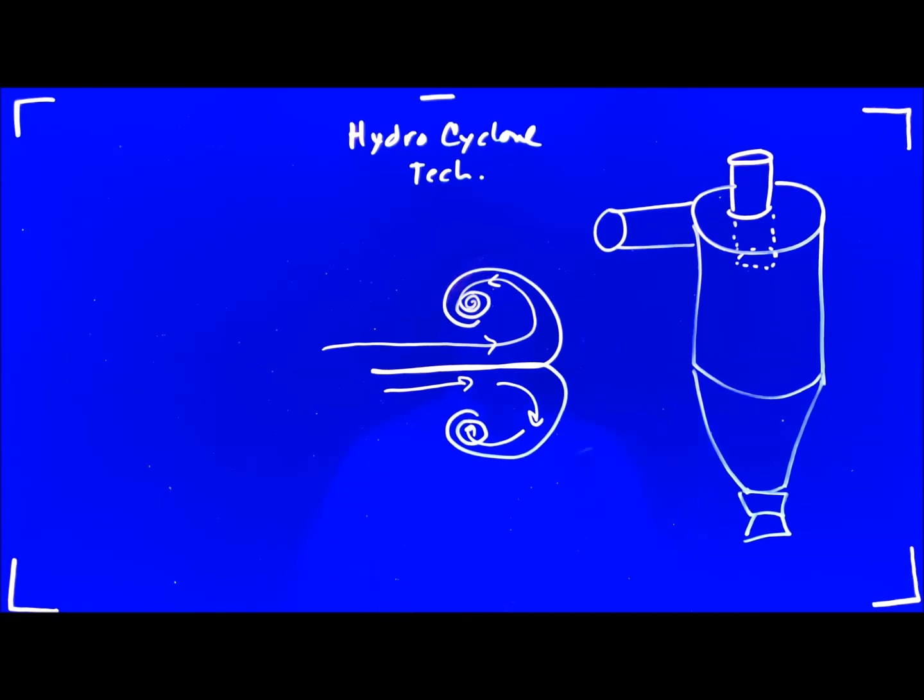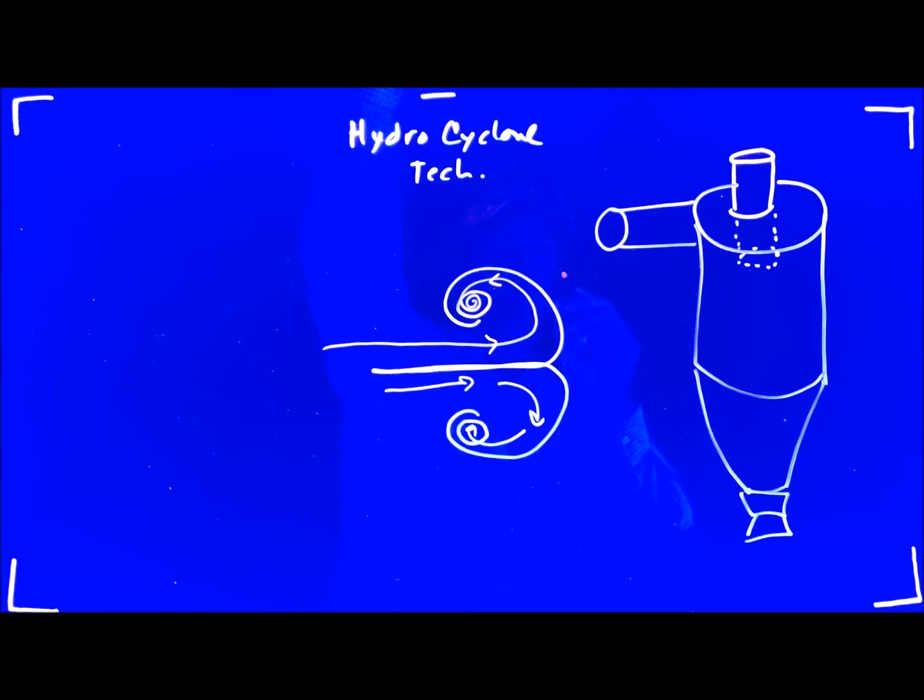Okay, hydrocyclone. How does a hydrocyclone work? So basically, we talked about that spinning ball on the end of the string, the lead ball, and centrifugal force. We have our inlet. And we have, of course, a certain slurry mixture. And it isn't just a certain ratio between the water and the material.